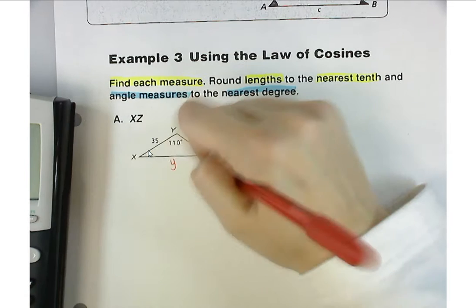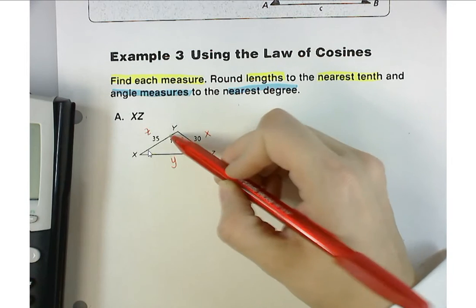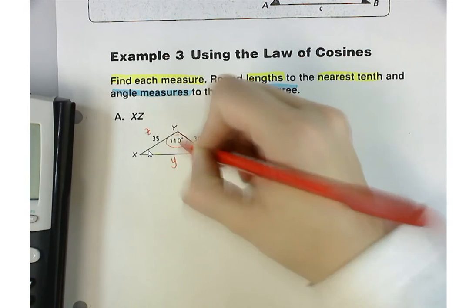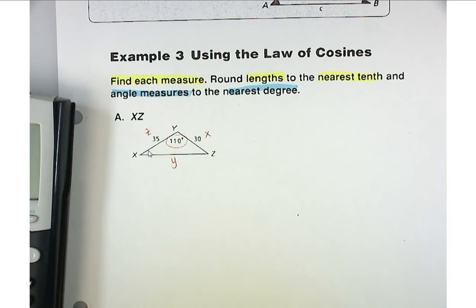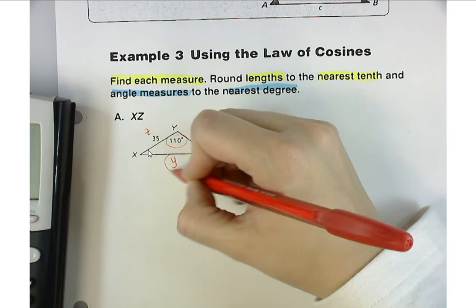And then if this is z, then the side across from it is the lowercase z. Okay, so sometimes what I try to do is I try to come up with the equation right away. So see how this is your angle measure, the 110? You're trying to find xz, so what you're trying to find is your y.